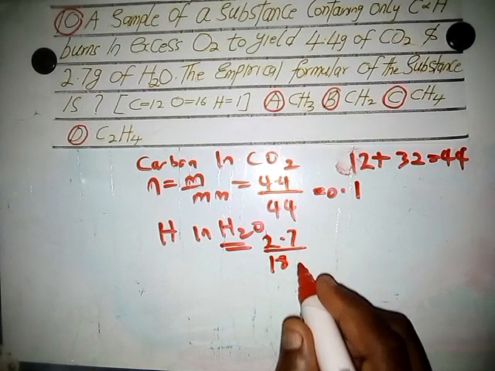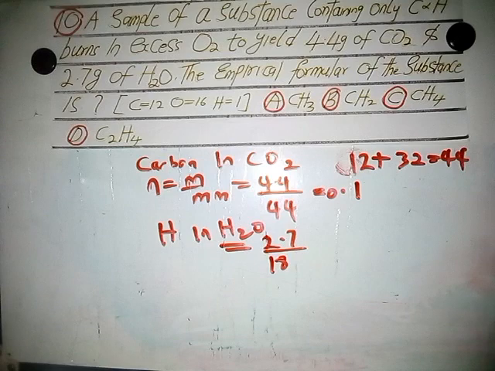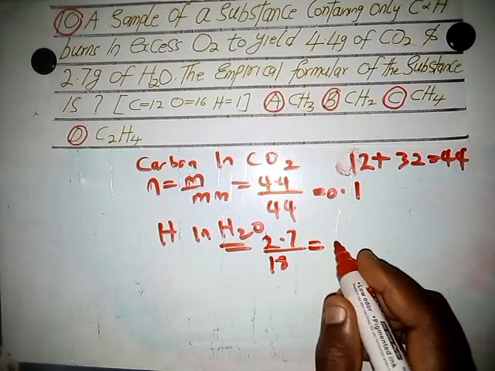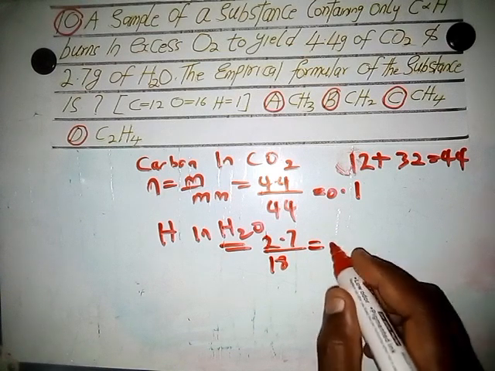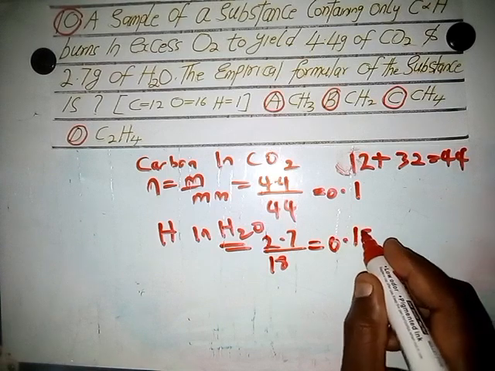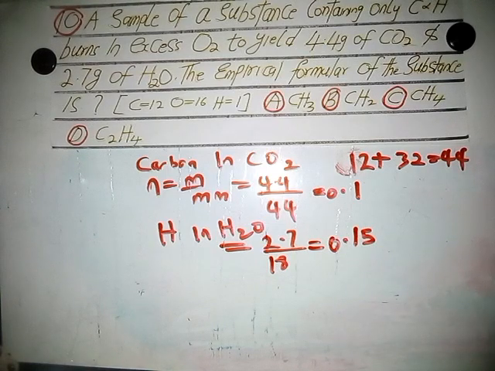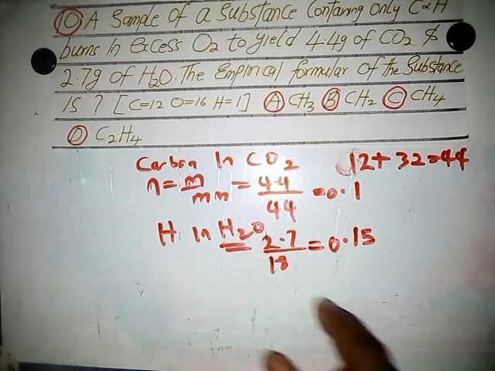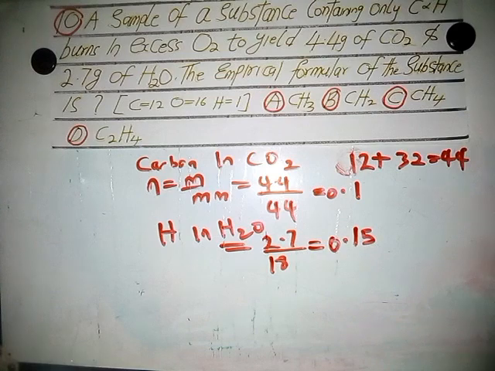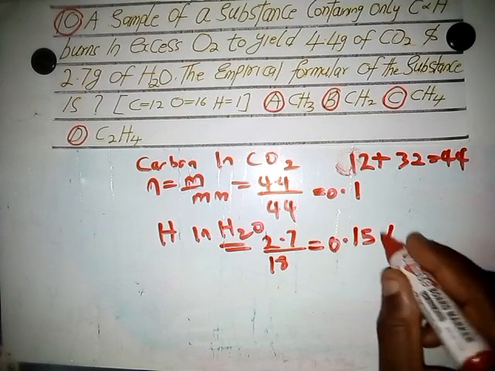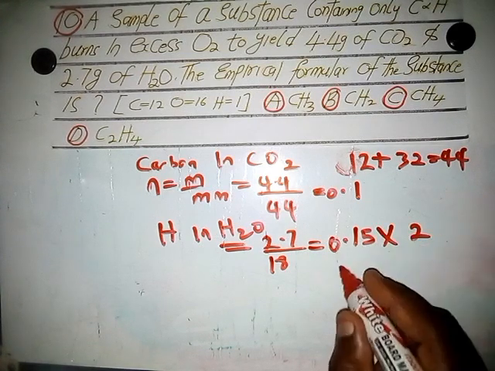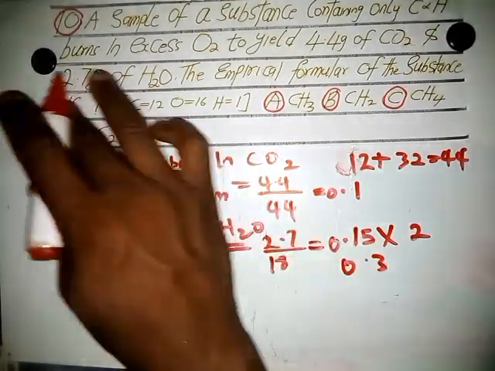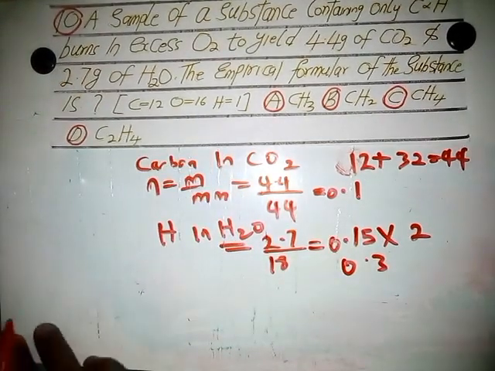When you divide this, you get 0.15. Like the previous question, because of this 2 in the water, I have to multiply this value by 2. When you do this, you get 0.3.